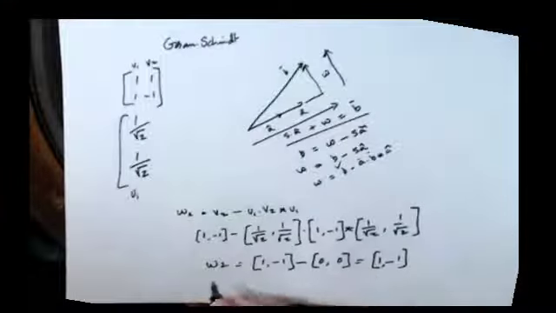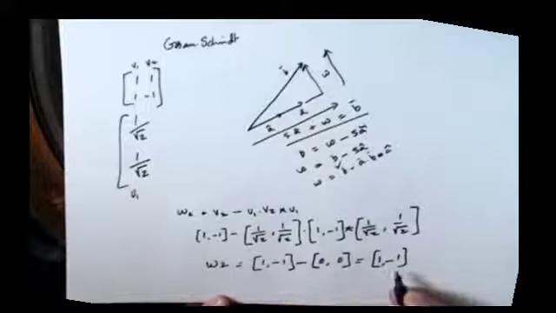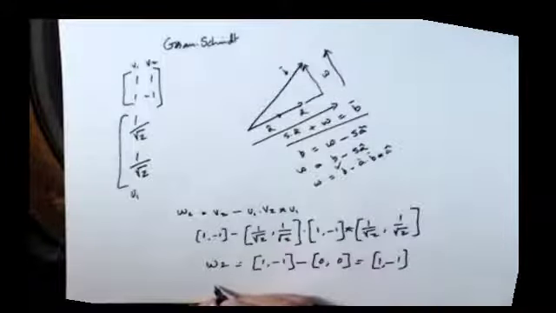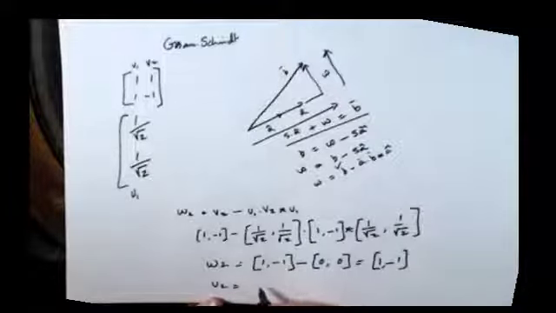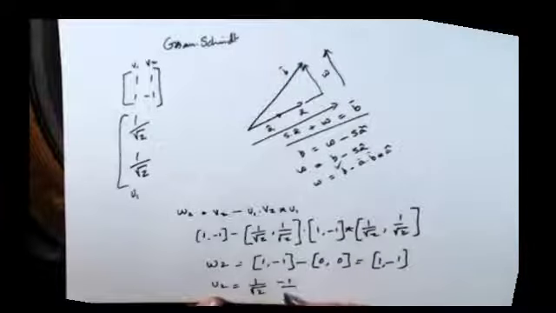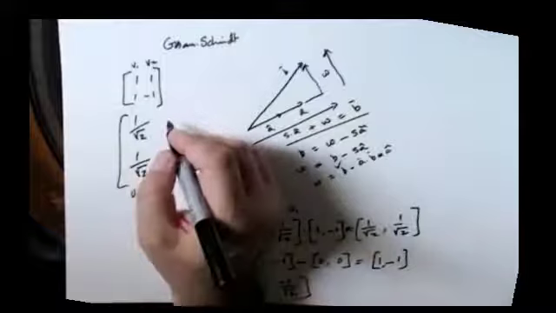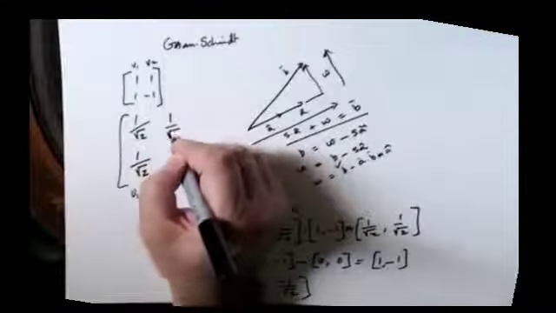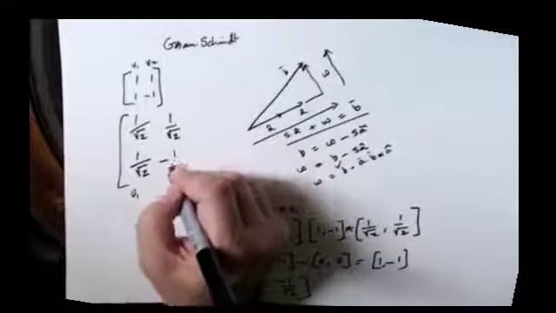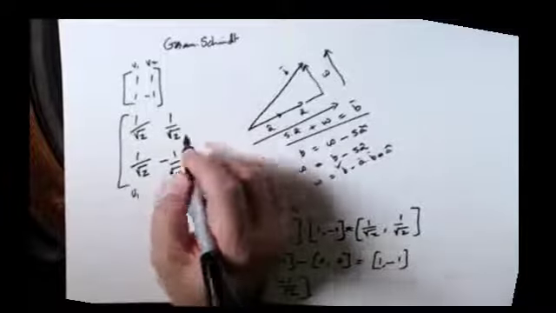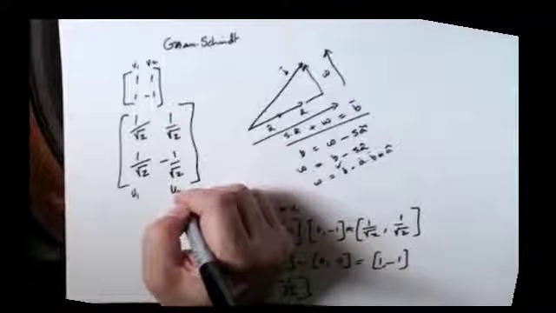To normalize it, I divide it by its magnitude. So I get U2 is equal to (1 over root 2, minus 1 over root 2), which I can write over here. And this is my U2.